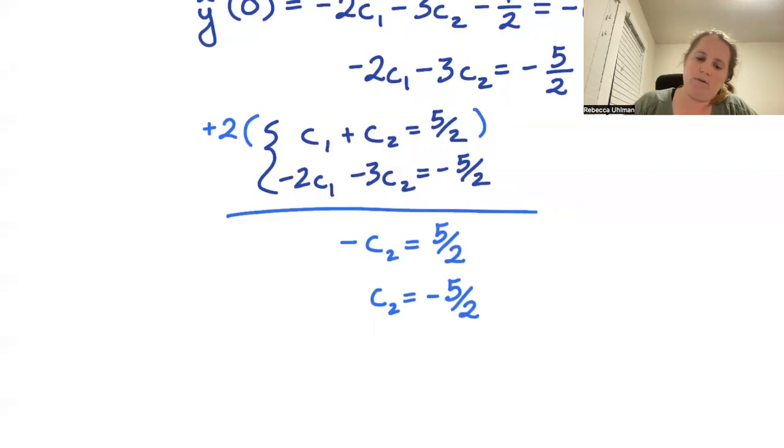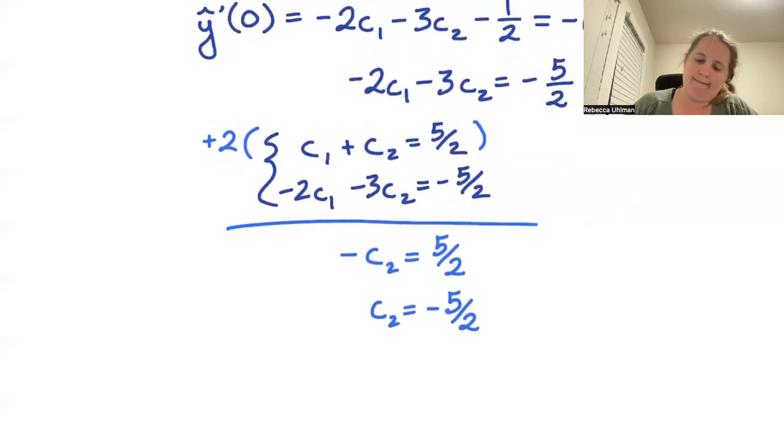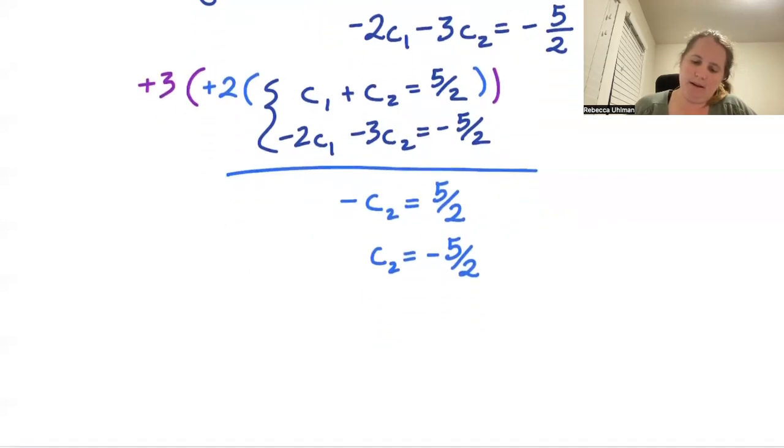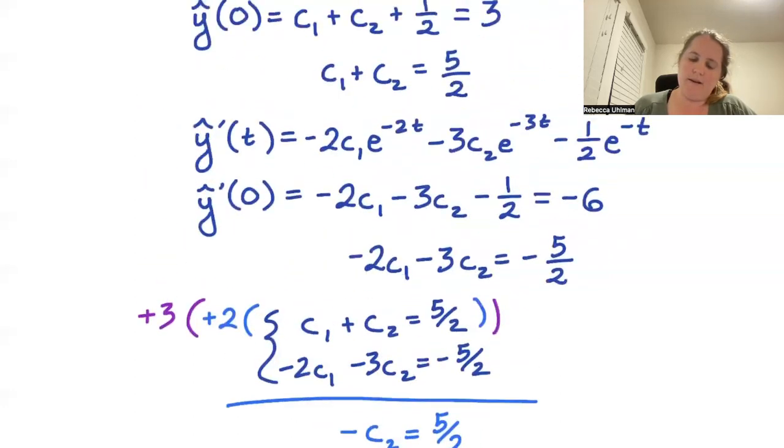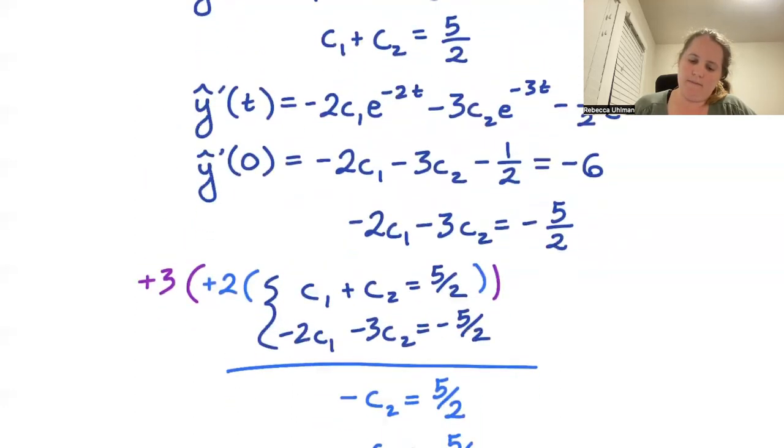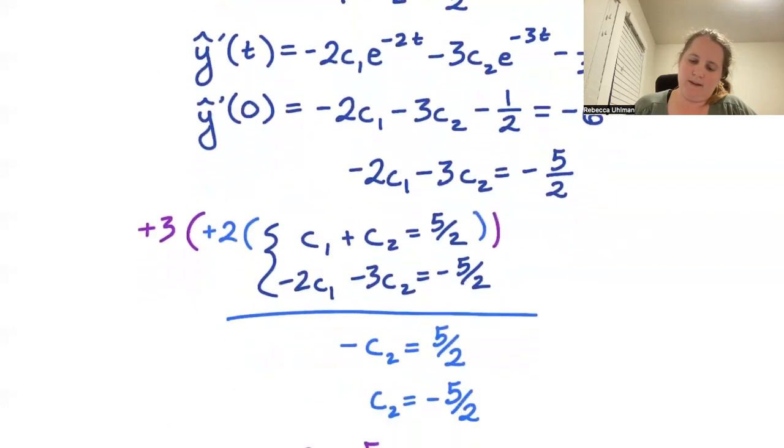If we multiply that first equation by positive 3 instead, we would be looking at positive c1 is equal to 5. Let's just check that I did that correctly. That does not look correct.